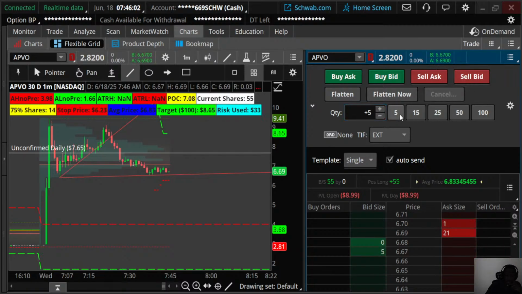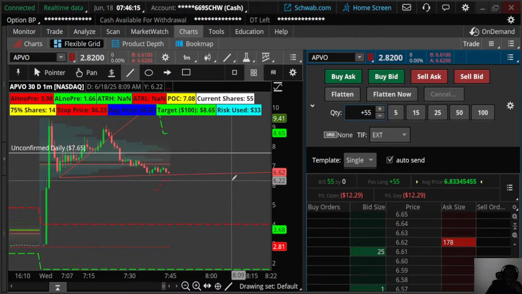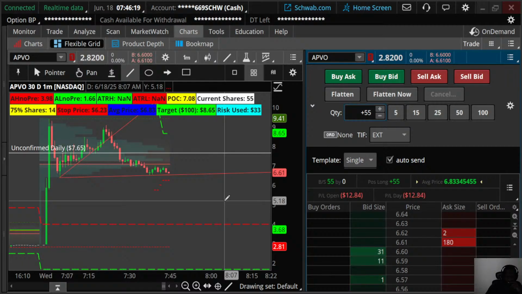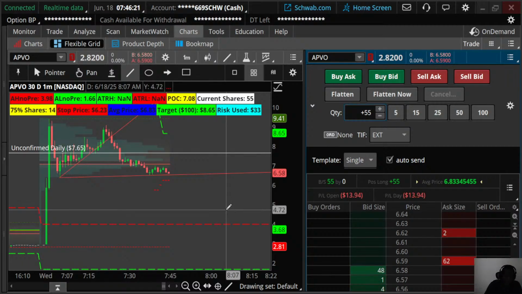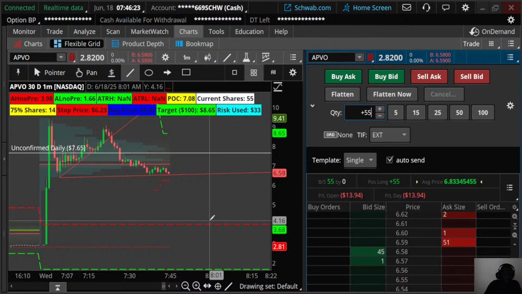Okay, can we see some green? Back into the 6.70s. Possibly not. Possibly not, but it is getting tighter in here.